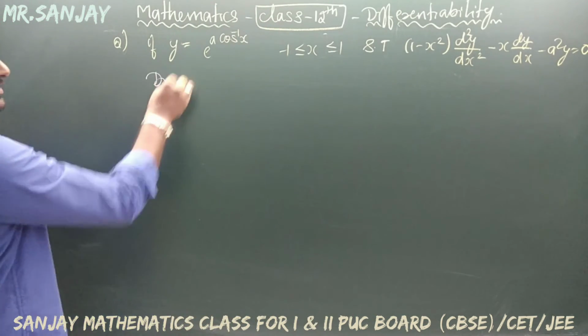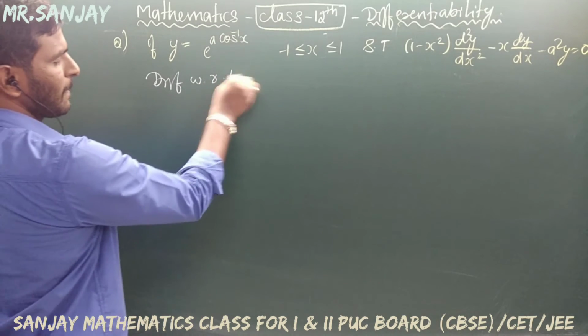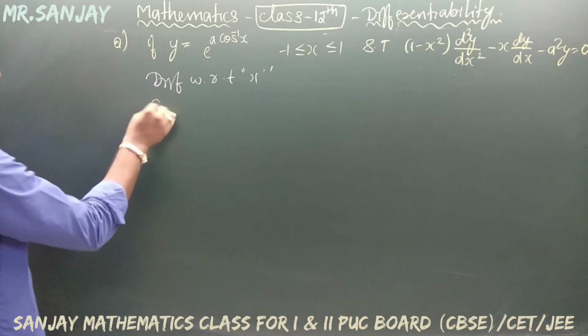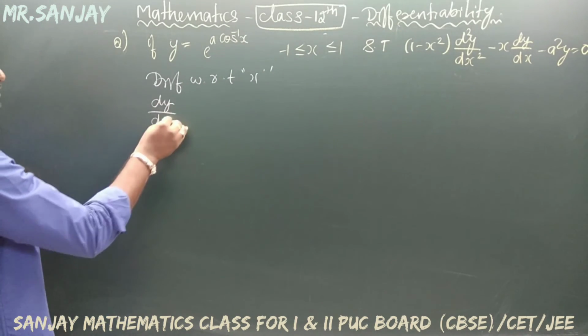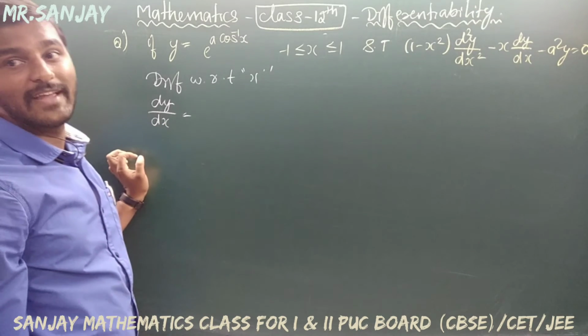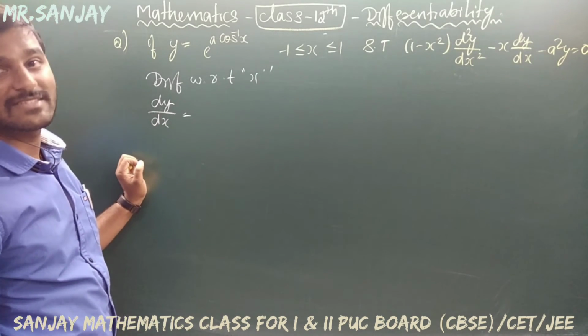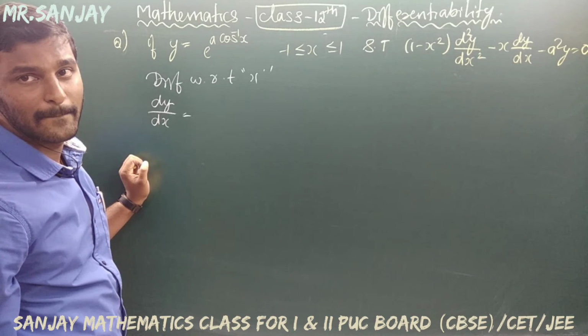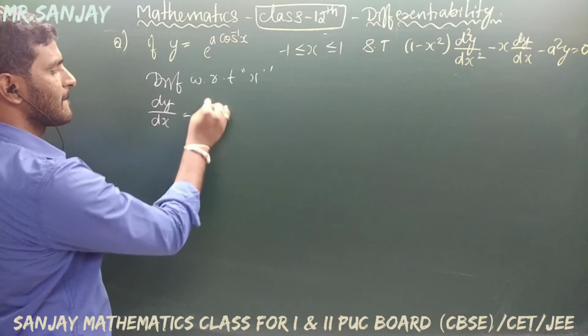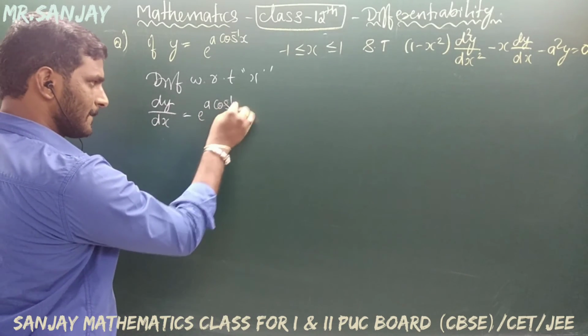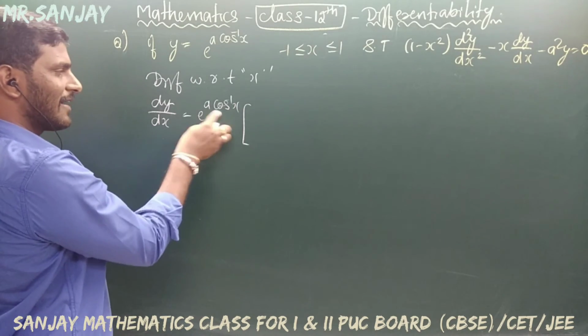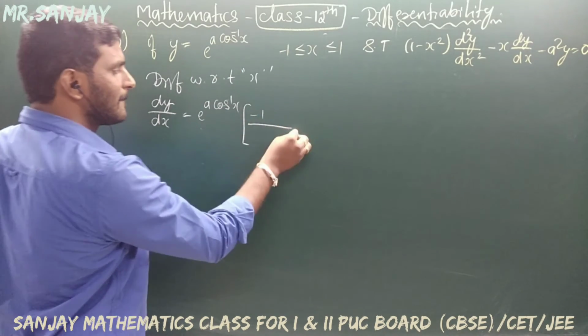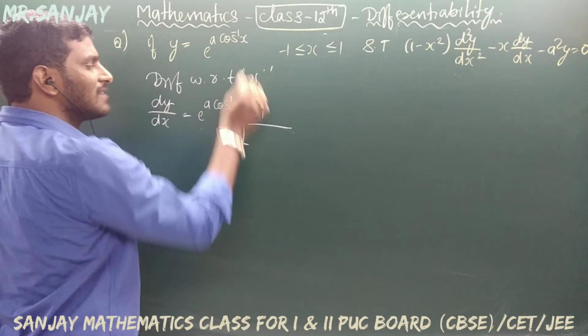Differentiate with respect to x. That is dy by dx is equal to, what is the differentiation of e to the power of a cos inverse x? Into e to the power of a cos inverse x into, actually we need to write a also.